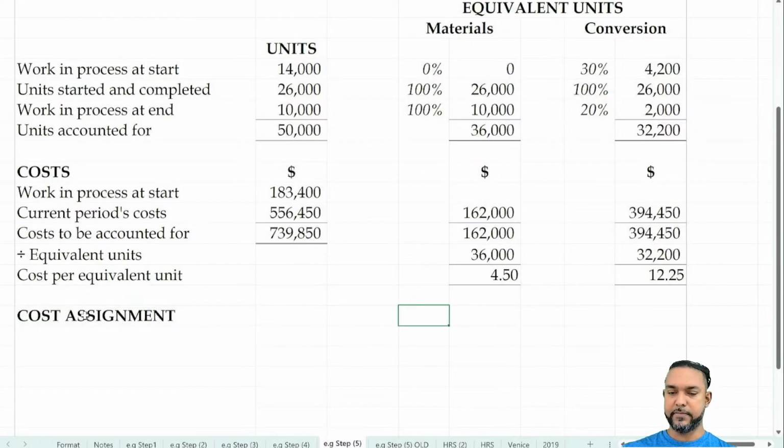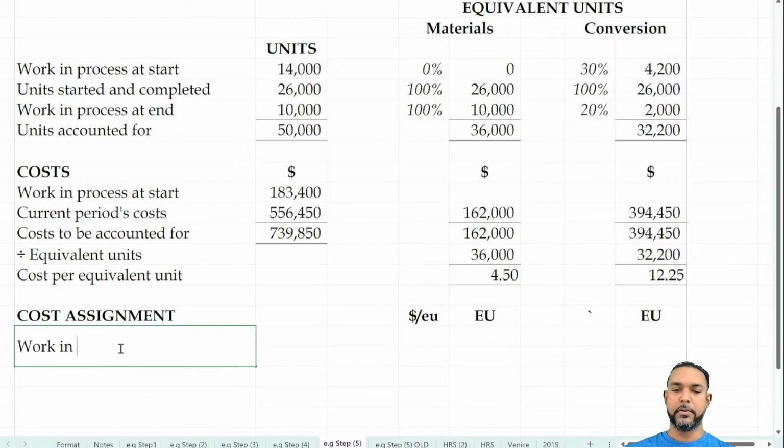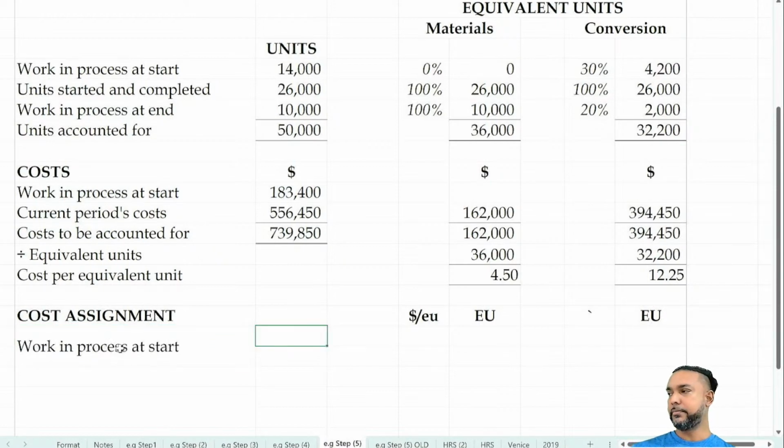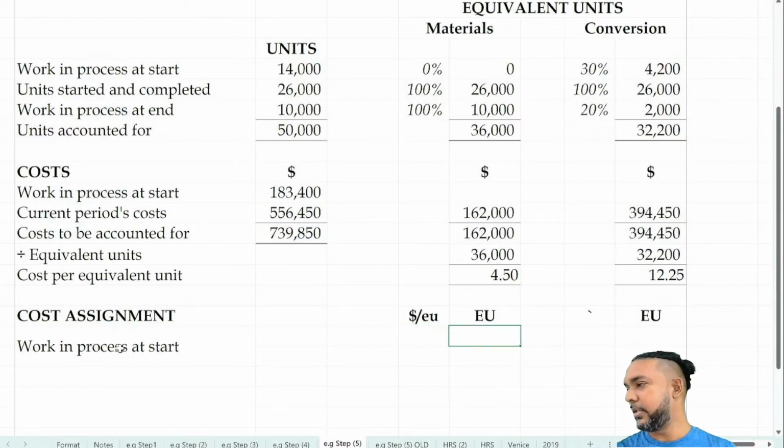So this is, I have dollars per equivalent unit, and I think I have the cap still on there. Okay, so for the work-in process at start, we have the following.